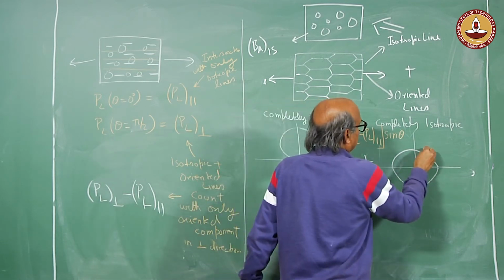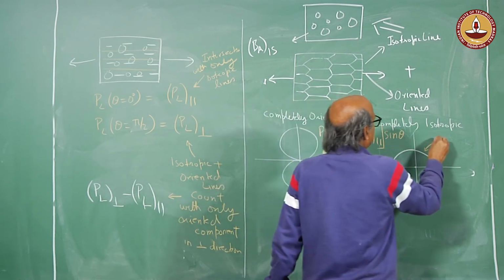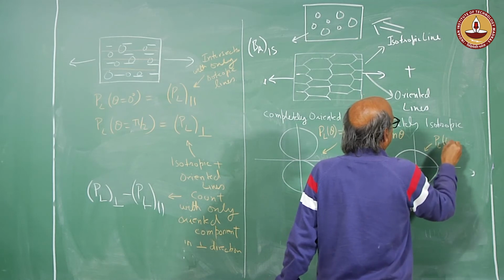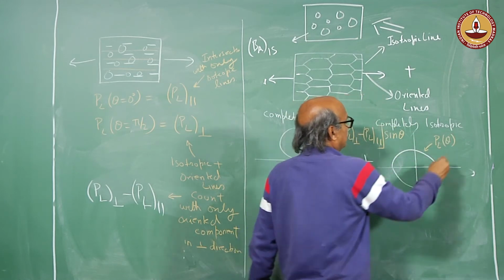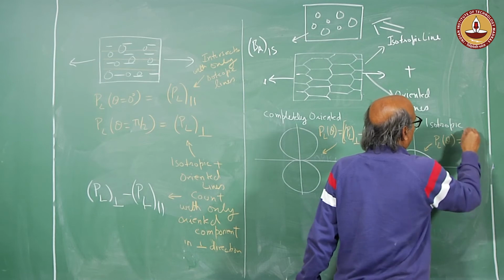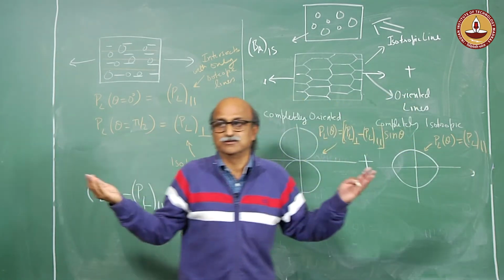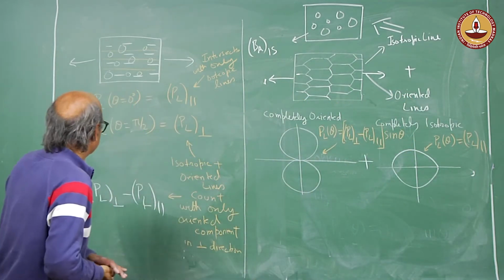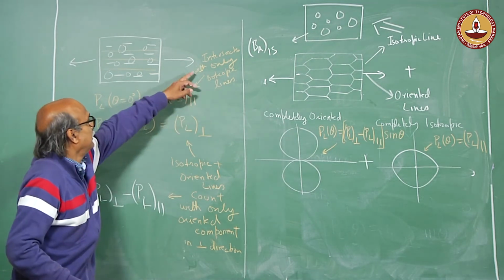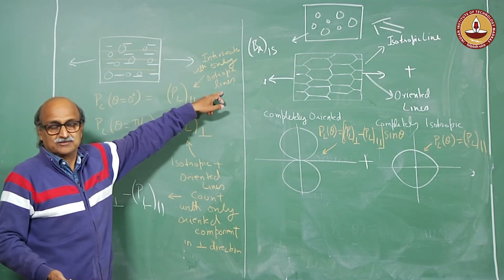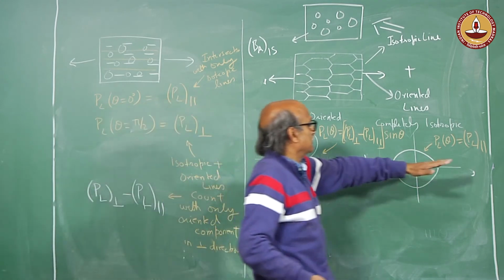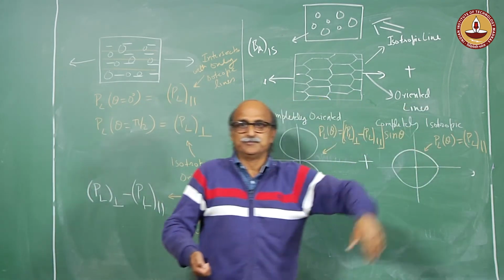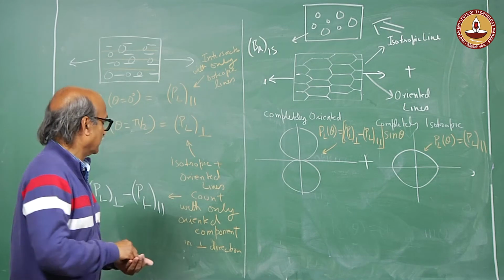Out here, this one is PL theta equals PL parallel. That is it, right, because PL parallel intersects only with the isotropic lines, and it should remain the same in all orientations with the isotropic lines.